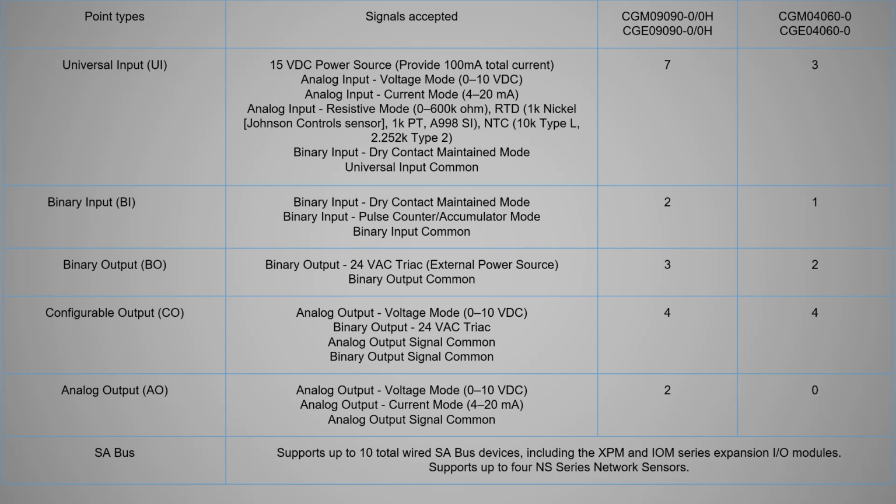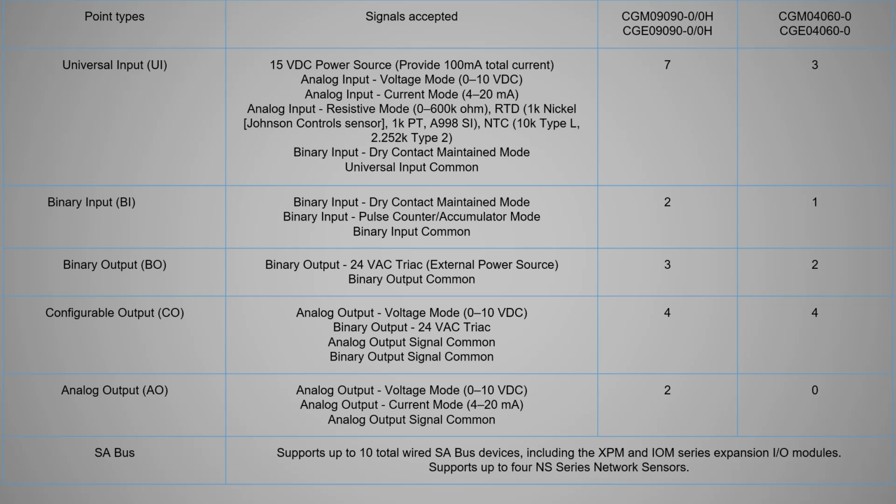Now we're on to outputs. Binary outputs, the larger 9090 has 3 and the smaller one has 2. Now, look at this word right here, external power source only. So before, in the old 2611s, they had jumpers where you could move the jumper and the binary outputs would have a hot, similar to what the VAVs do.